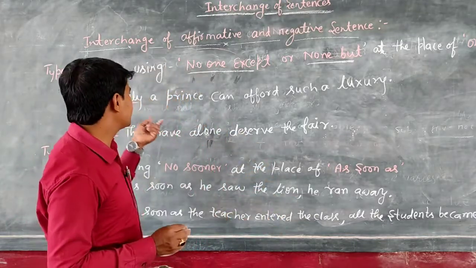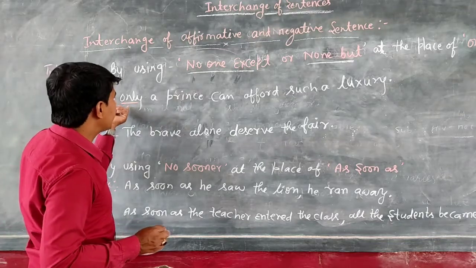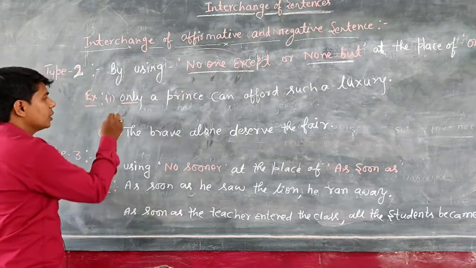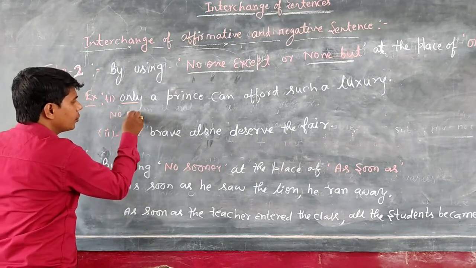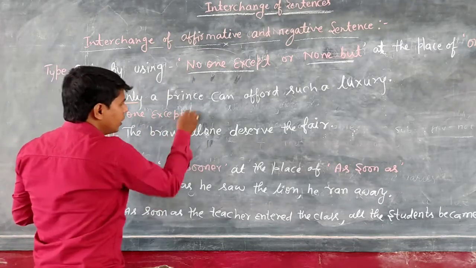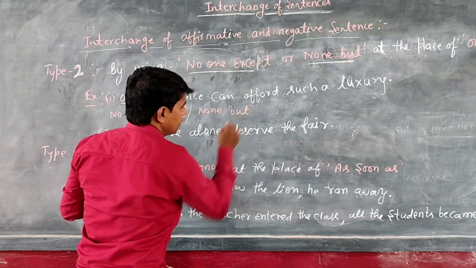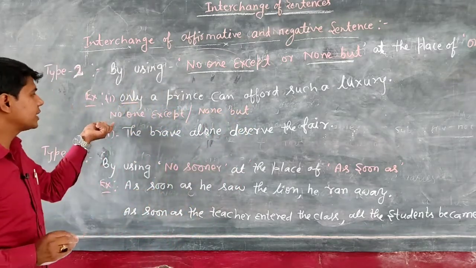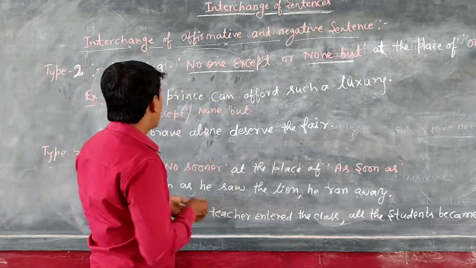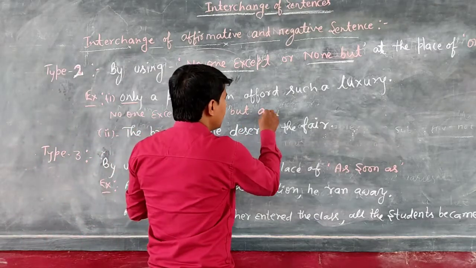As you see the sentence starting with the word only, when you change the sentence into negative, you will use either the words no one except, or you can also use none but. You are free. You can start with no one except or none but, and after that we remove the word only.